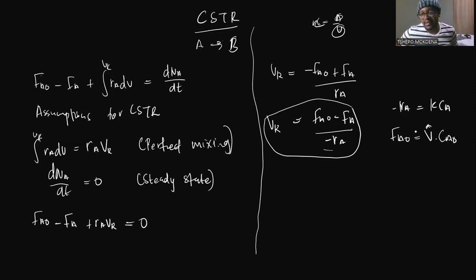And then again, here's the thing that I want you to understand: most of the time, this is under the conversion factor. When we have the conversion factor, we know that we can also introduce CA0, or we can say CA is equal to CA0 times (1 minus X).